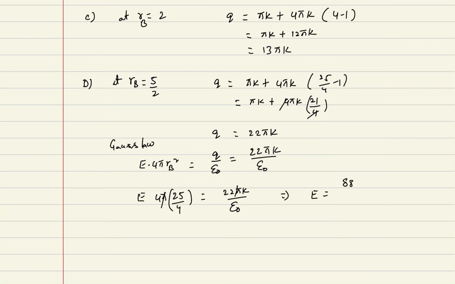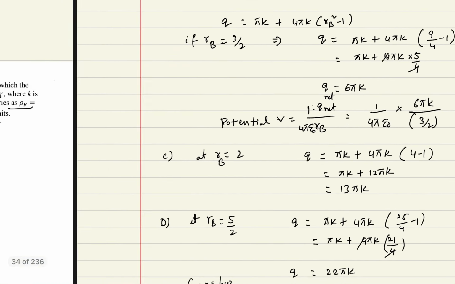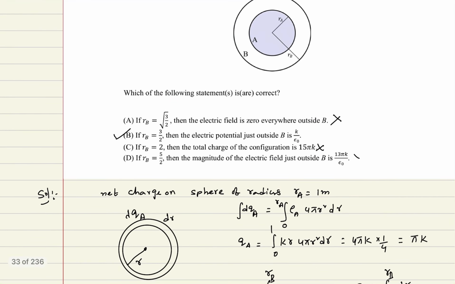Pi and pi get cancelled, and we can get E is equal to 88 k divided by 25 epsilon naught, and 4 is also there. The 4 and 4 get cancelled. Now finally we can write the relation as E is equal to 22 k divided by 25 epsilon naught.